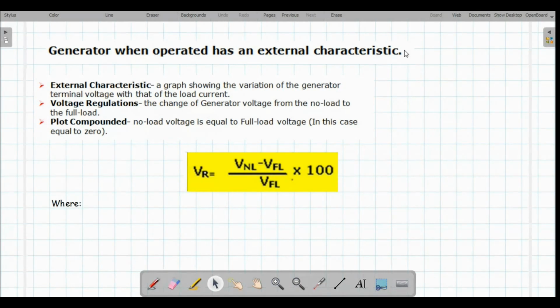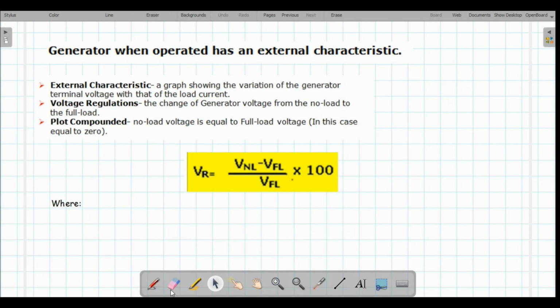Tawag doon external characteristic. So, pag may external characteristic, syempre, meron tayong tinatawag na voltage regulation. Ano ba ang kaugnayan ng voltage regulation sa external characteristic? Yung voltage regulation, ito yung pagbabago ng voltahe ng generator mula sa kawalan niya ng load hanggang sa pagkakaroon niya ng full load.